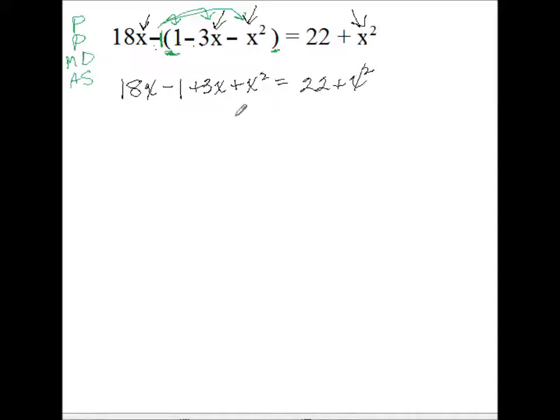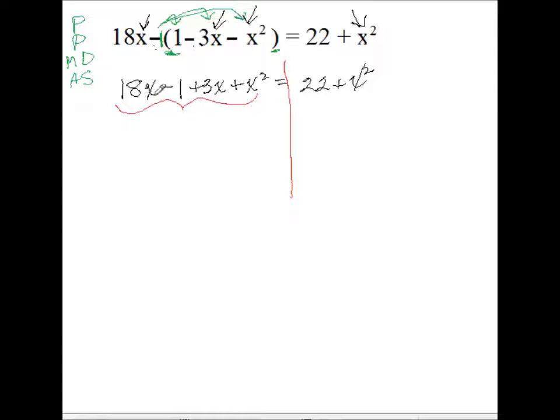Now if we analyze what we have, we see that we have x's on this side and we have an x squared on that side. We have an x squared on this side. Let's clean this up. Now sometimes students think that the way you get things together is by adding the opposite, but I want you to notice in this equation that here's where the balance is. Everything over here is on the same side of the balance. So we don't get rid of this positive 3x by subtracting it, because these are not on opposite sides of the equal mark.